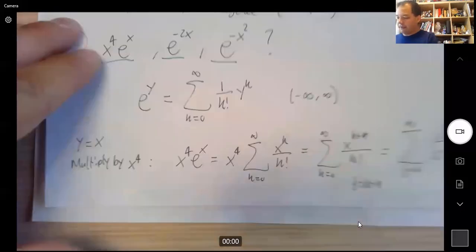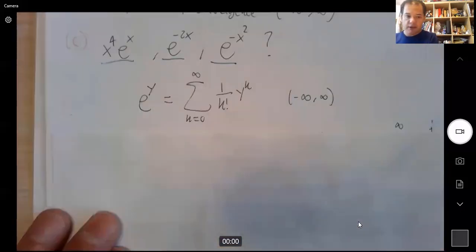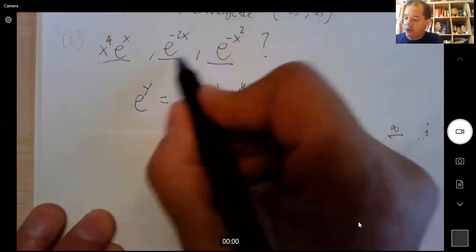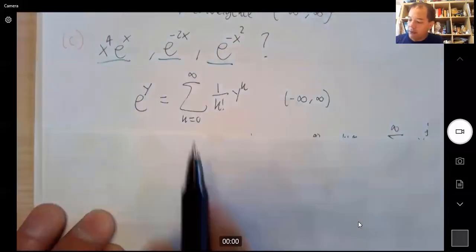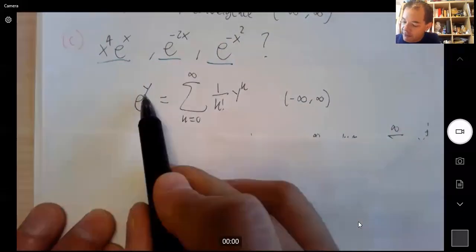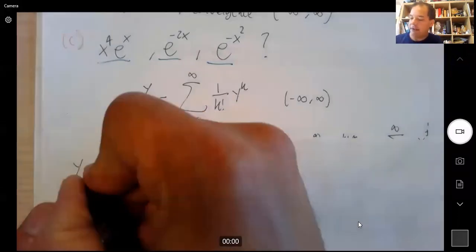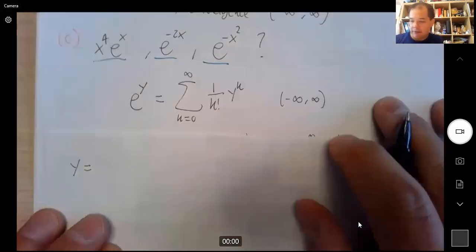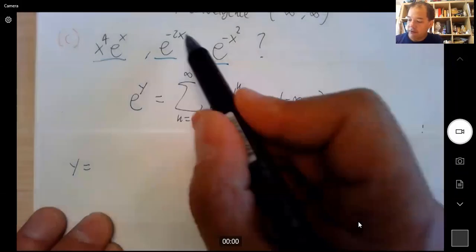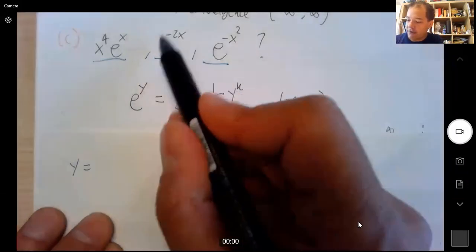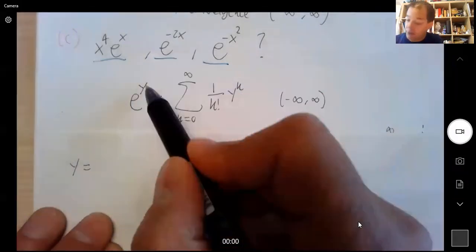So for the next, if we want to do e to the negative 2x, how do we do it? Well, we're going to set y equals what? So easy, right? If the exponent is negative 2x, then set y to be negative 2x.